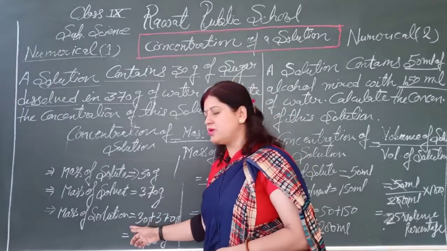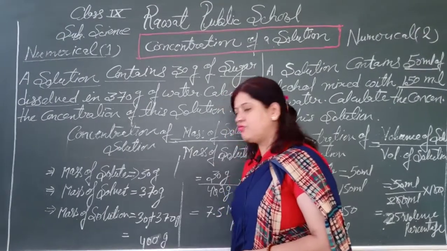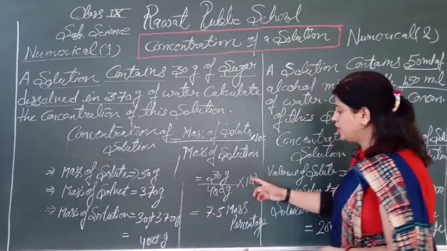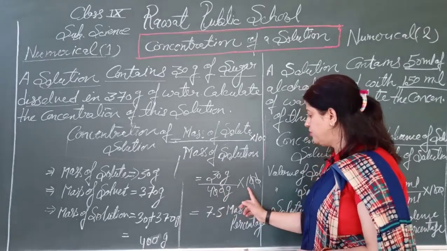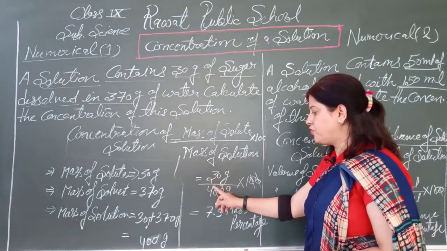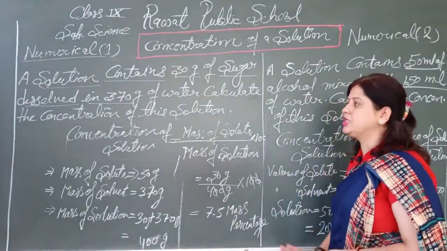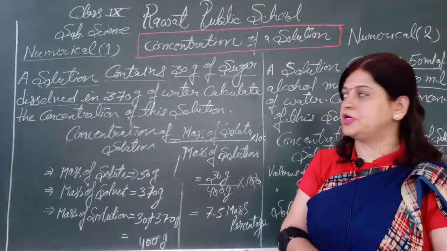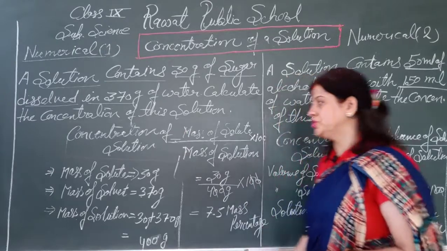The total mass of solution is 30 plus 370, total 400 gram. 30 over 400 multiplied by 100, zeros cancel. Dividing 30 by 4 gives 7.5 mass percentage: 7.5 sugar is dissolved in a 400 gram solution.